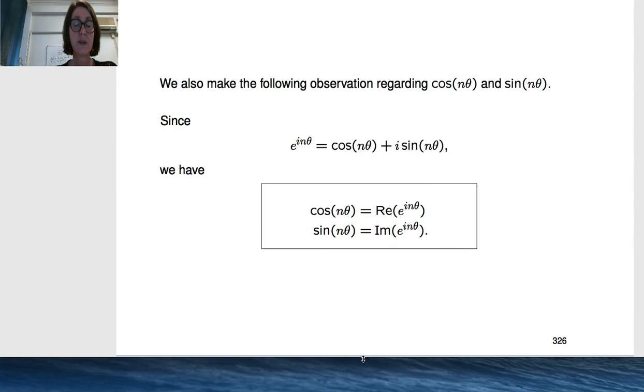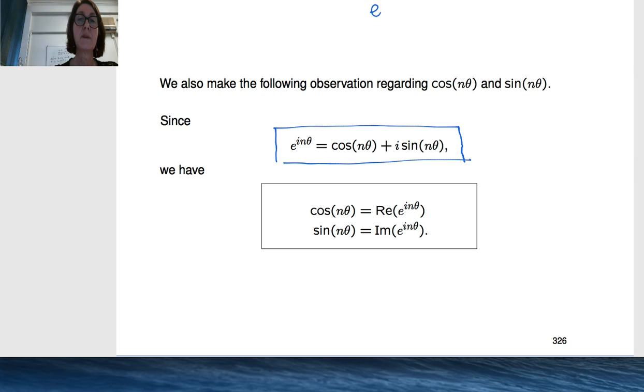Just before we start doing our example, there's one more thing that we need to notice. You remember that the definition of the complex exponential e to the i theta was cos theta plus i sine theta. So e to the i n theta is just cos n theta plus i sine n theta.